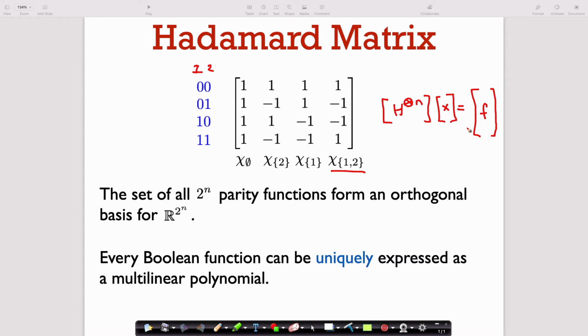Well, we know that the system of linear equations has a solution, because this matrix is invertible. Moreover, this representation of f as a linear combination of parity functions is going to be unique, because this system of linear equations has a unique solution, because again this matrix is always invertible.